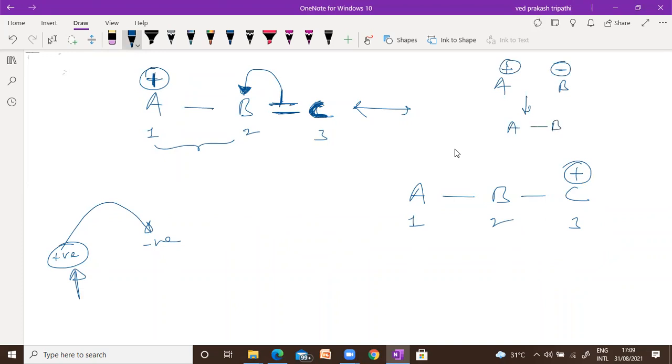If they already have a bond, then again there will be a bond, that is a double bond. So same thing will happen here. A has positive, B has negative, so there will be attraction and there will be a bond. And now you can see this is the resonance structure of this. Does it make sense to you?